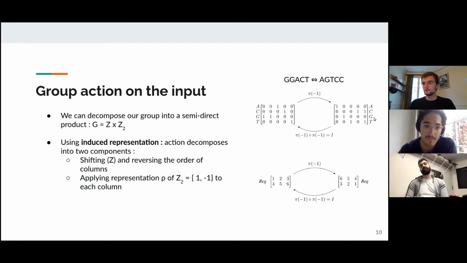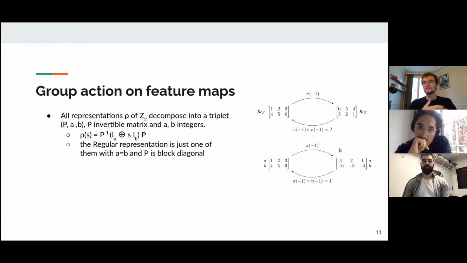So in the input, what happens is the intuitive stuff: you flip your sequence, optionally shift it, and switch the bits. But in the feature maps, as I mentioned, you have no canonical way to define the group action, because it can be a bit arbitrary. The feature maps are the intermediate layers of the neural net.